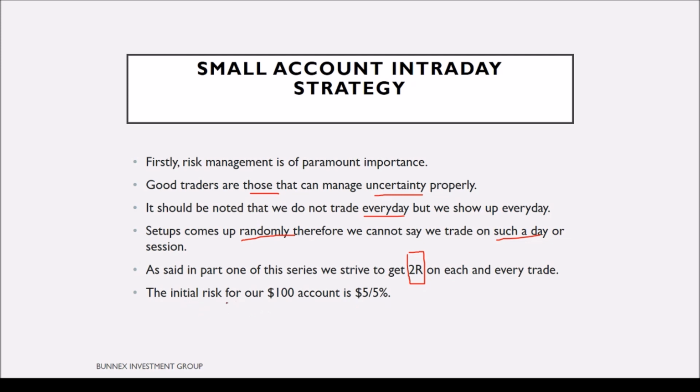The initial risk for our $100 capital, which is our model account, is $5 or 5%. You can do it proportionally with whichever amount you wish to start with. So therefore, for a 15 pip stop loss, we will use 0.03 lot size, or 3 micro lots.